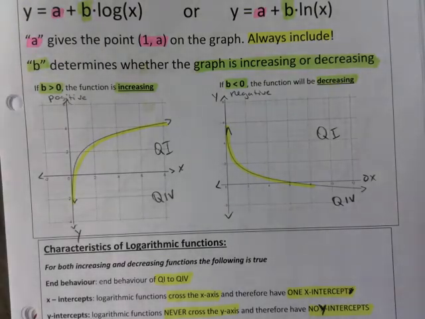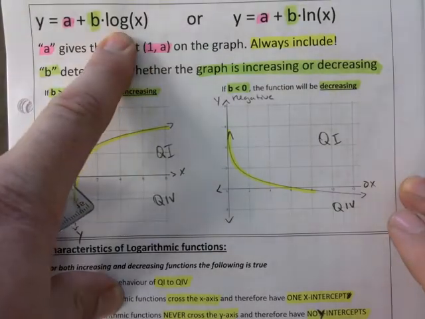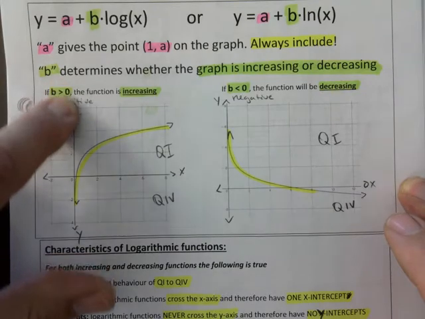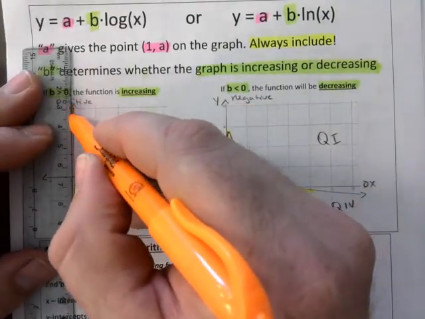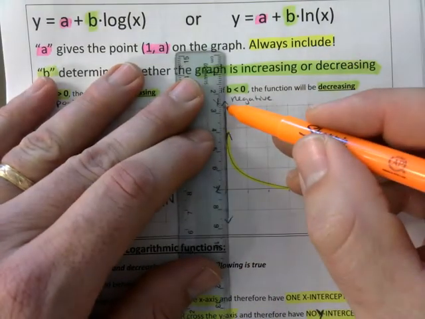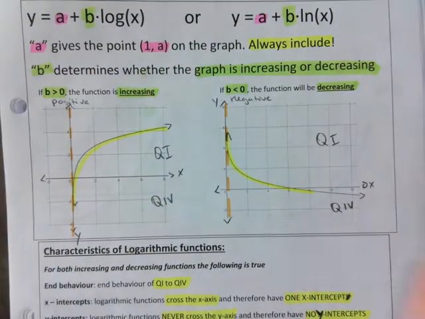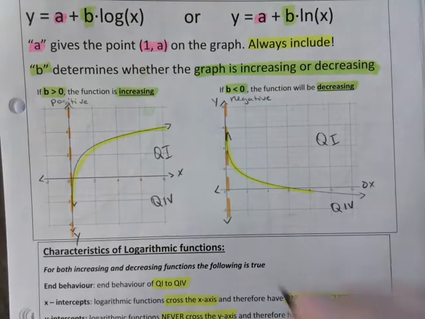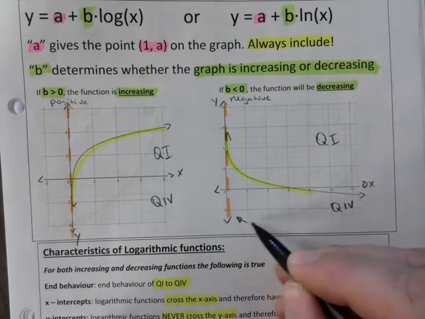Okay? So for logs, logarithmic, it never touches the y-axis, correct? So I'm going to pick a highlighter and just a dashed line like this. And this is called an asymptote.